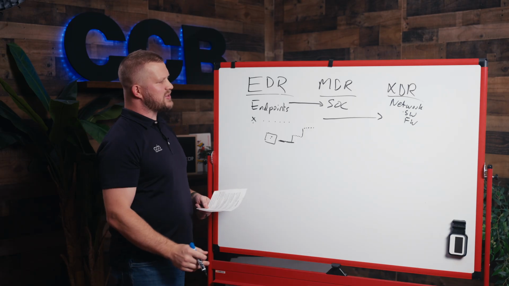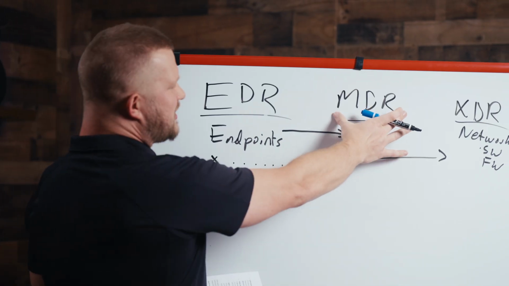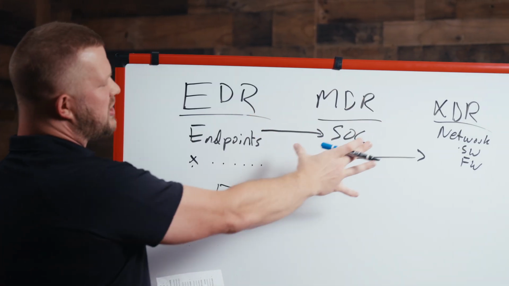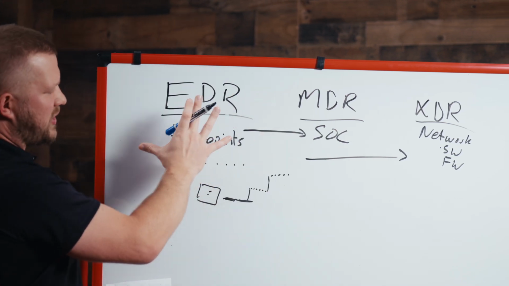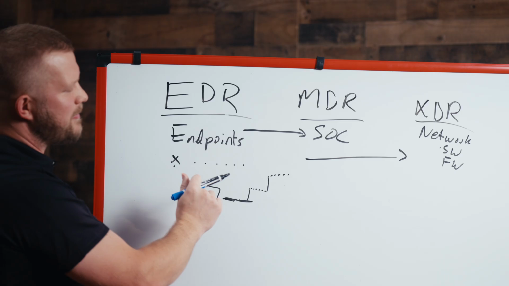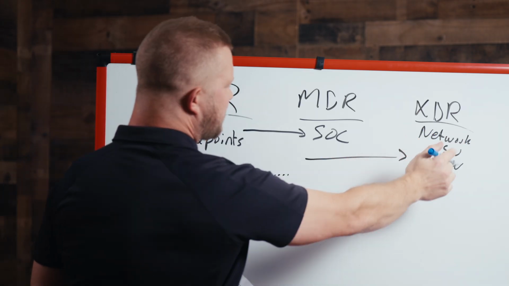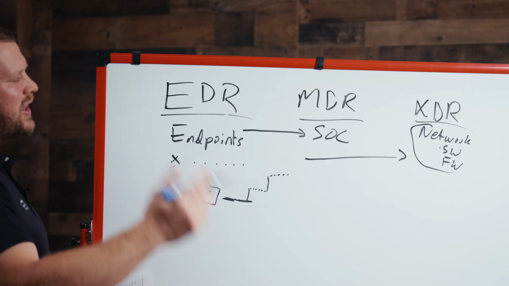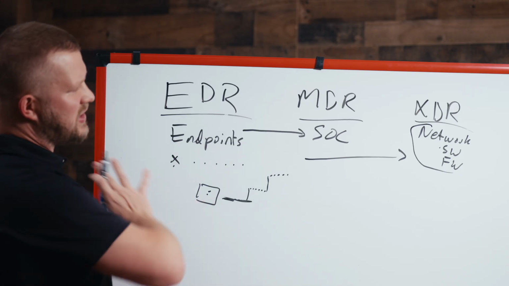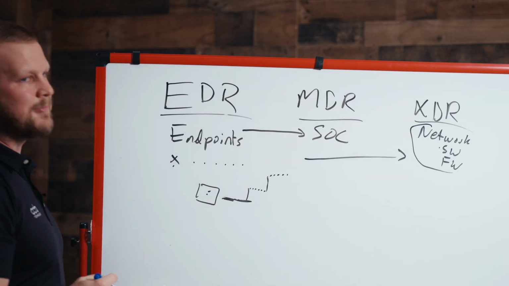We attach management on top of that for MDR, so we have additional resources paying attention to everything coming from your endpoints, your laptops, your servers. And then extended detection and response pulls in the rest of your network, your cloud services, and all those other resources to give a holistic picture of everything else going on.